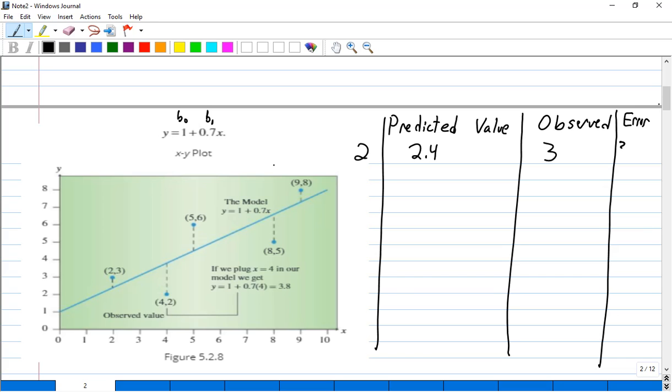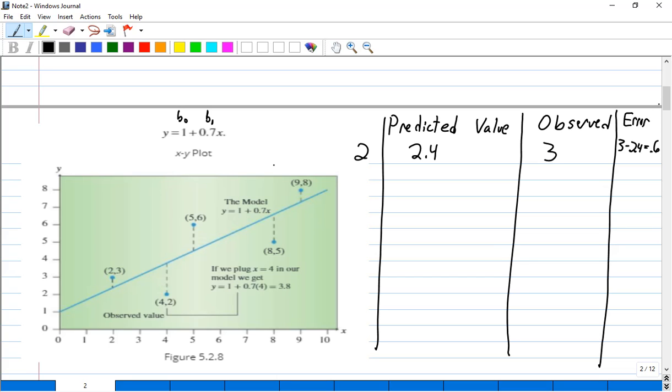So that would be 3 minus 2.4, or 0.6. All right, that's our error. I keep saying margin of error, but that's just our error. Just call it error.